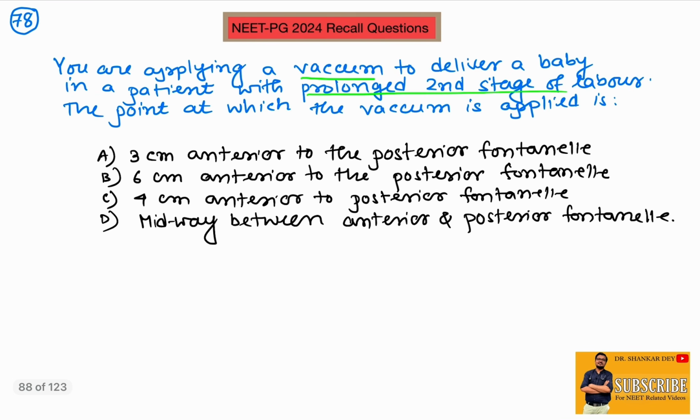So the answer is, during vacuum delivery, the cup should be applied 3 centimeter anterior to the posterior fontanelle. Okay, is it clear? It is a theoretical question, not midway or 4 or 6. 6 centimeter anterior from the posterior fontanelle, the opposite answer may be correct.